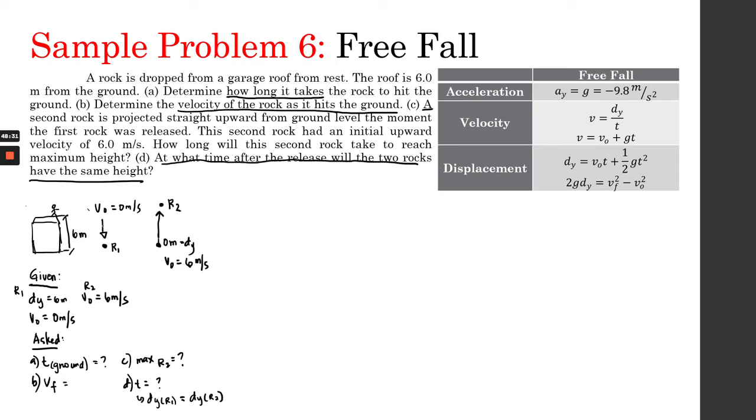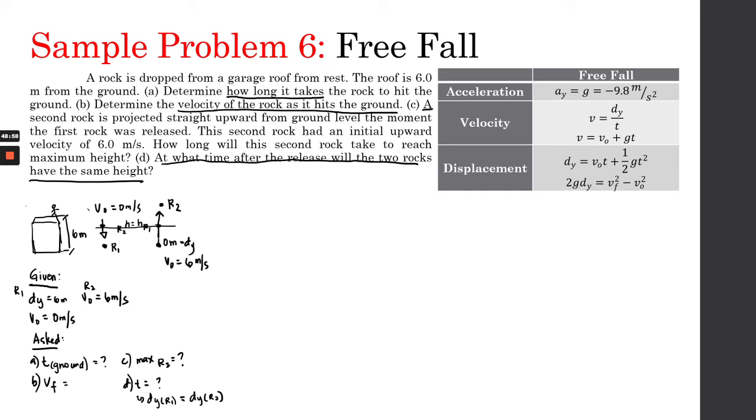So meaning they are both at the same height. So the height between the two rocks would be the same. At what time will the height of the two be the same?